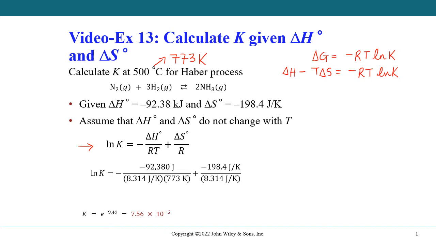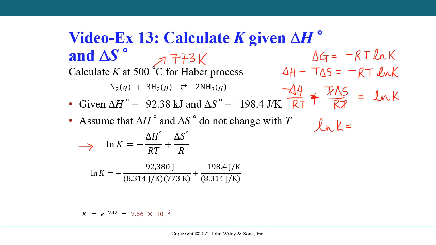So it becomes minus delta H over RT is equal to, minus T delta S, the T cancels. Let me just write it in so that you can see what I'm doing. T delta S over RT is equal to ln K. The temperature cancels here, so I end up with ln K is equal to delta S over R. That becomes a positive because I've divided by a negative here.